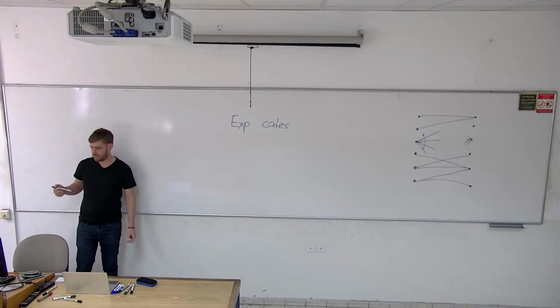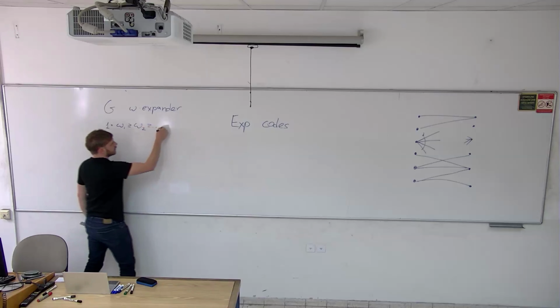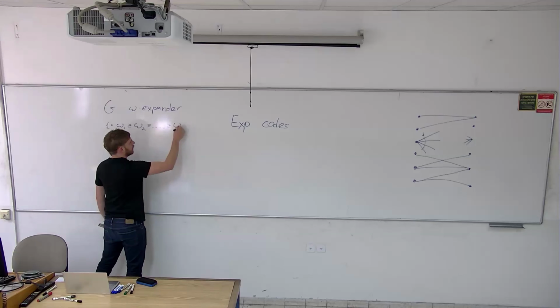Okay, so what do we know generally when we have an expander G, which is an omega expander? We have eigenvalues 1, which is omega 1, omega 2, up to omega n.